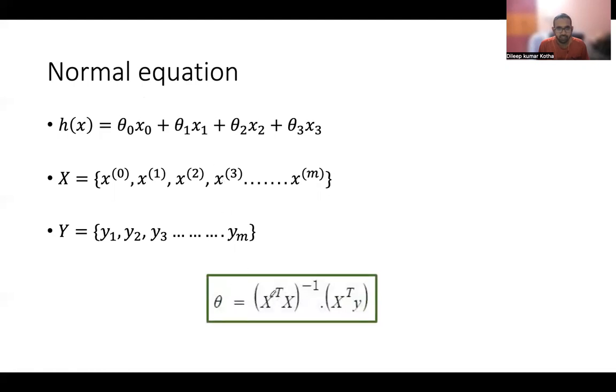We need to take X transpose multiplied with X. These are matrix multiplications. Take the inverse of it, then multiply again with X transpose and then with Y. This Y is nothing but this Y only. So this way, in the normal equation method, we can get the accurate result.